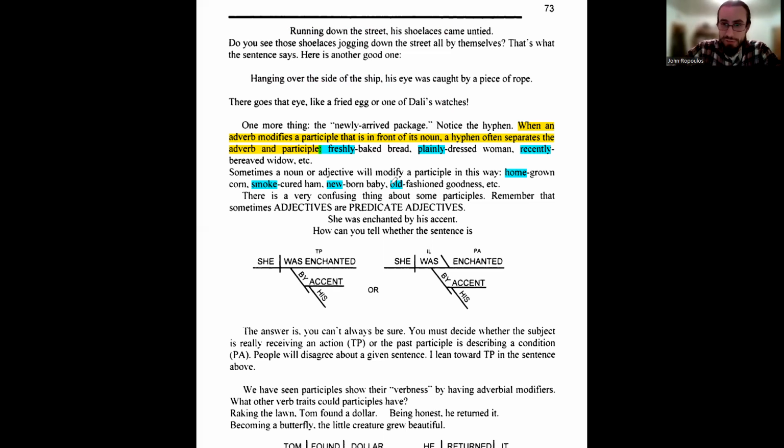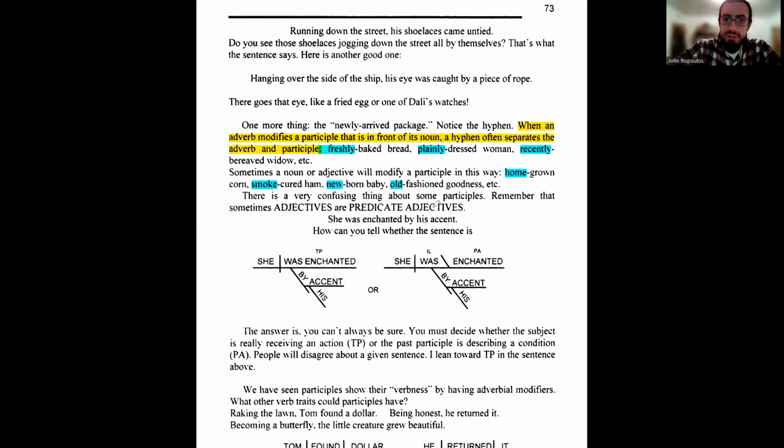That's what we all thought adverbs were before we started this book. And then we learned there are a lot more types of adverbs, but freshly is an adverb modifying the participle baked. Now, because baked is modifying bread, and you have that adverb right before, you have to put these in a hyphen, usually. So freshly baked bread, plainly dressed woman, recently bereaved widow, etc. If you've ever seen these words hyphenated, that's the reason why. It's a participle rule.